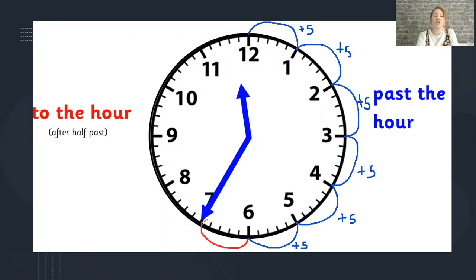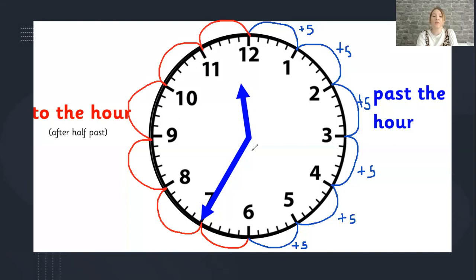So 25 to, 20 to, quarter to, 10 to, 5 to, and o'clock.